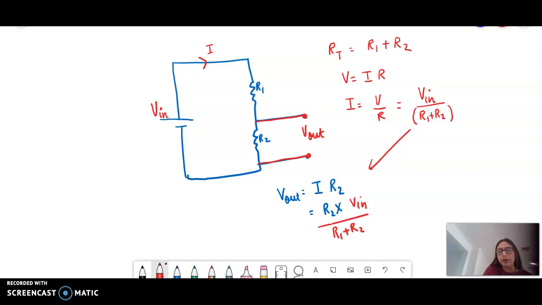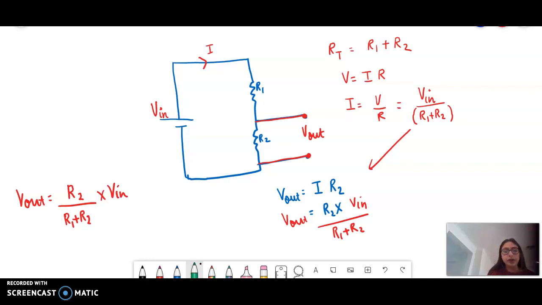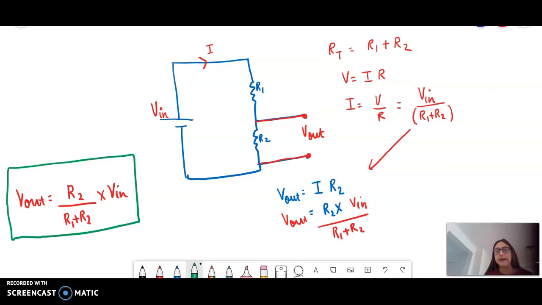And that gives us the formula for the output voltage in a voltage divider circuit. So V output across a resistance R2 is R2 over the total resistance, that's R1 plus R2, times V input. So that is the formula for the potential drop across R2 in a potential divider circuit.